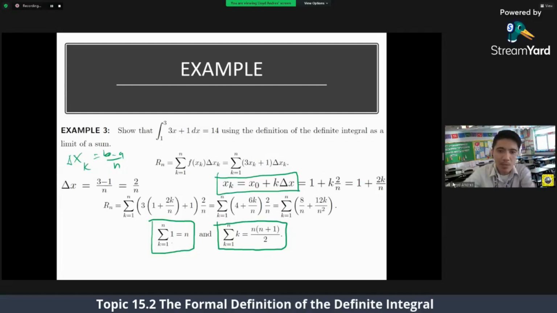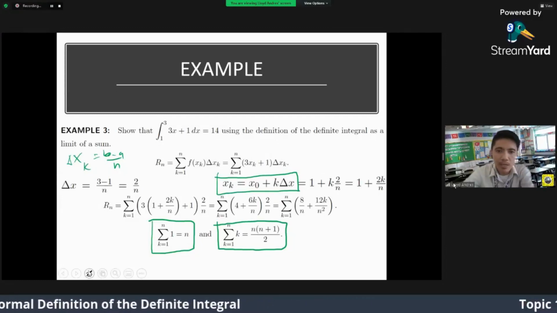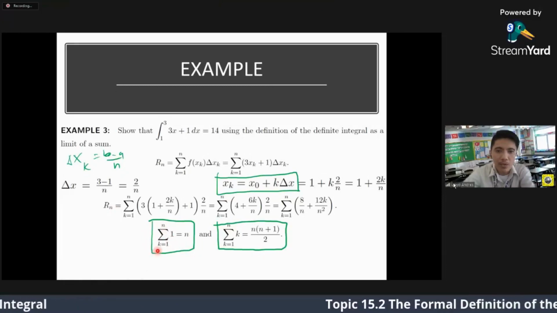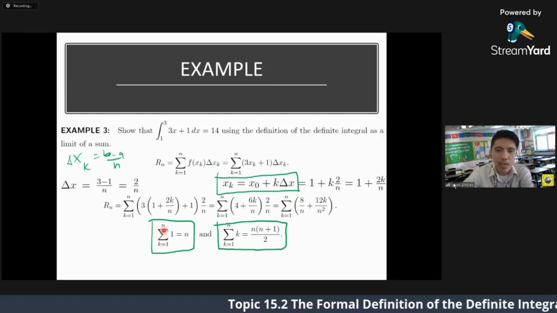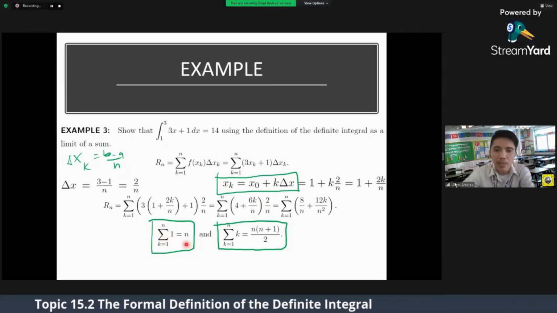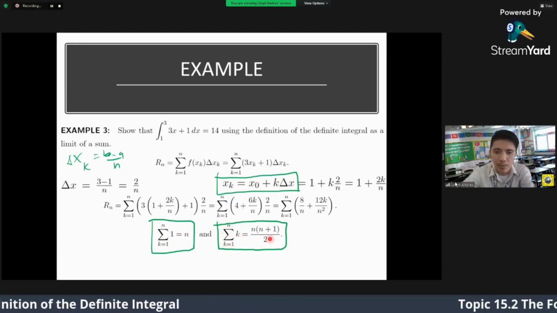If you see the summation of 1 from k equals 1 to n, the answer is n, whatever the value of your n is. Then the summation of k from k equals 1 to n, this also.